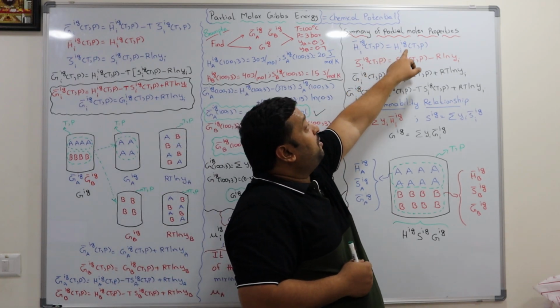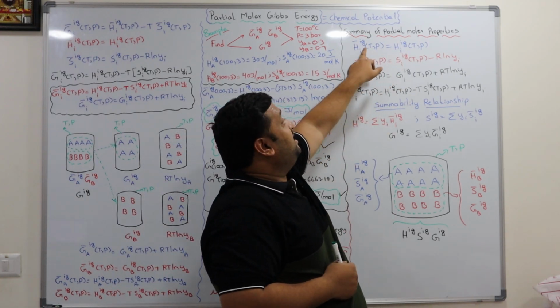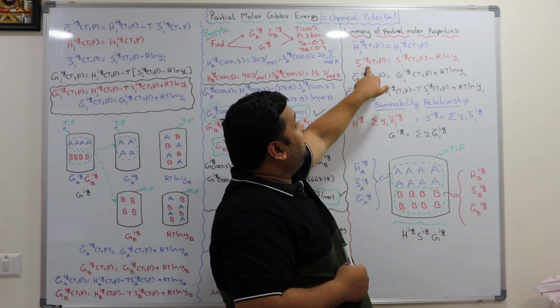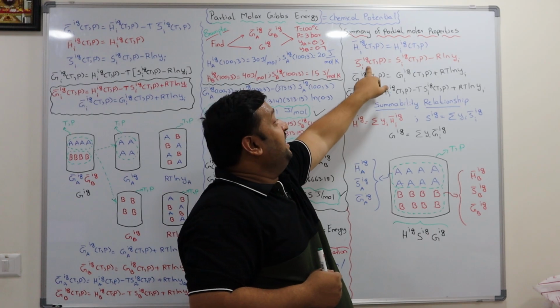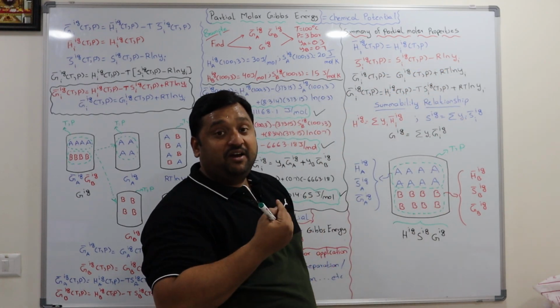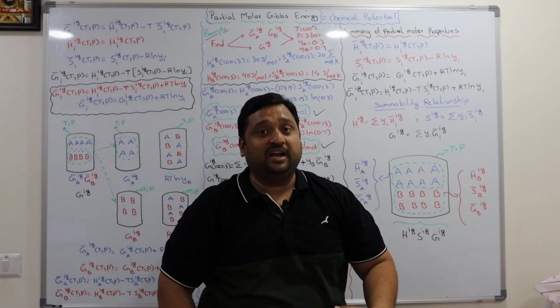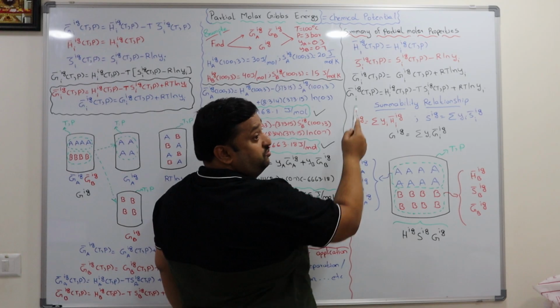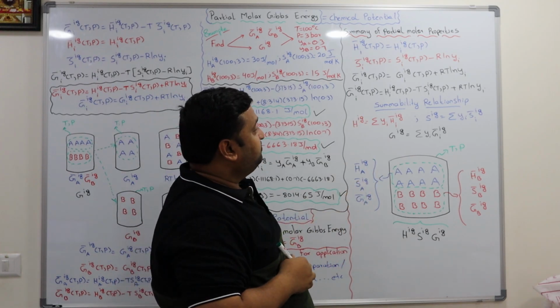So whatever the pure property value is, it is nothing but the mixture property. Similarly, the partial molar entropy is nothing but the pure entropy minus R ln yi. R ln yi comes from the mixing of A and B in the mixture. Similarly, this particular formula we have just discussed right now.